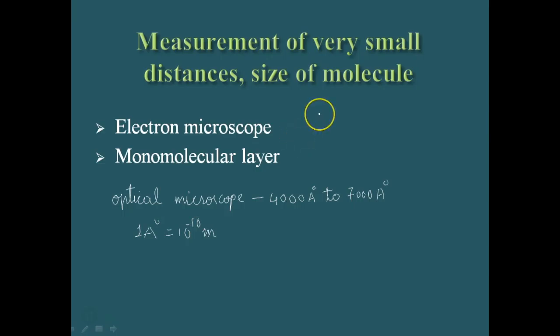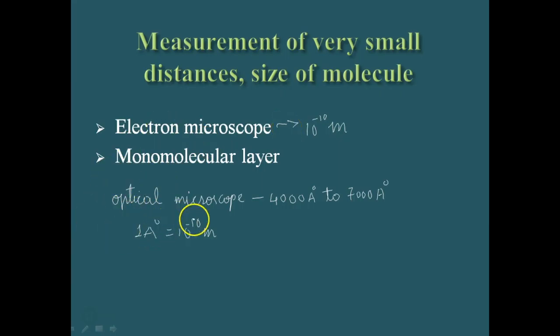The resolution of such an electron microscope is limited finally by the fact that electrons can also behave as waves. So, again, if we take this electron microscope also, the range is again angstrom only, up to approximately 10 raised to minus 10 meter, because electrons are nothing but waves, isn't it?